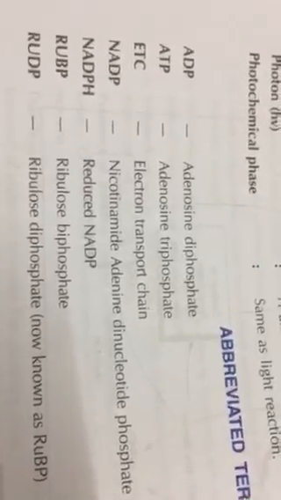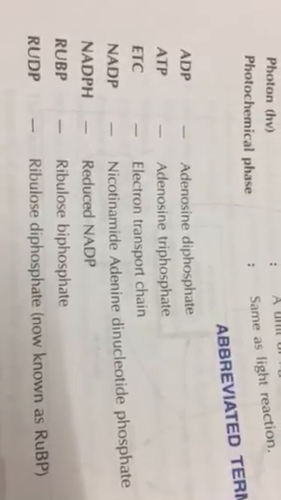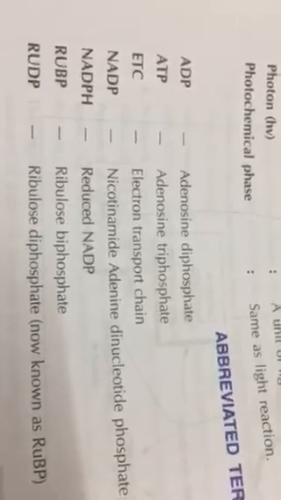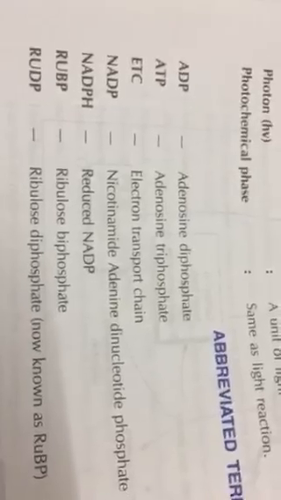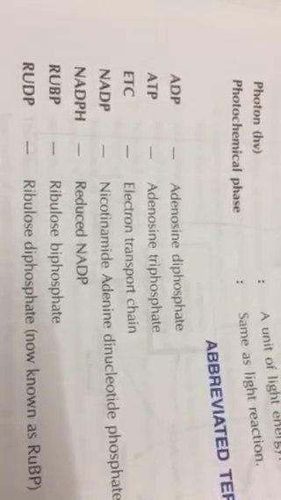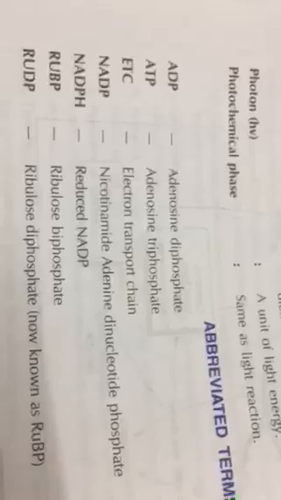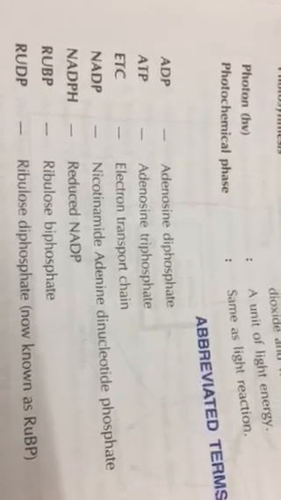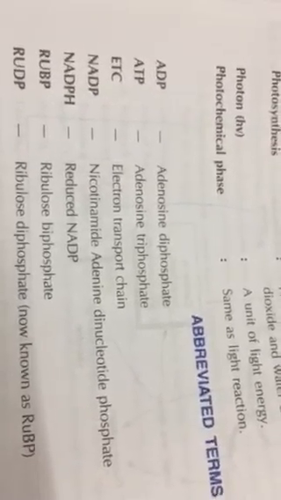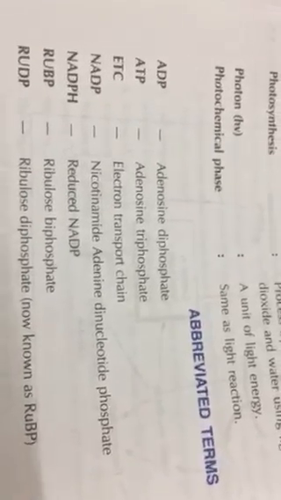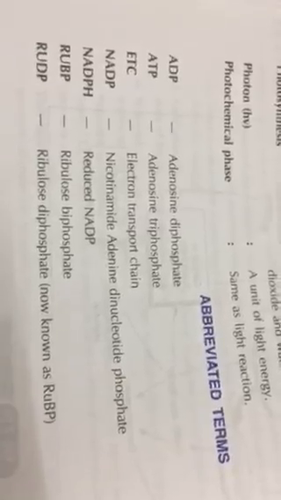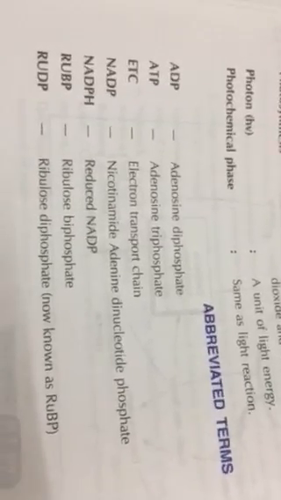Every student gets a doubt while studying photosynthesis: where is this RUBP? It is there in the chloroplast. It helps to fix the 5 carbon compound into a 6 carbon compound, C6H12O6. That is what you are understanding in this lesson.